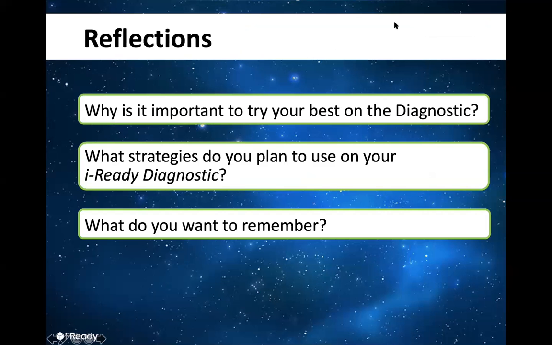Okay, so why is it important to try your best on the diagnostic? So that you're able to show me what you know. I can plan accordingly, and we can all make sure we get the most out of your 6th grade year. Okay, what strategies do you plan to use on your diagnostic? Well, you shouldn't rush.